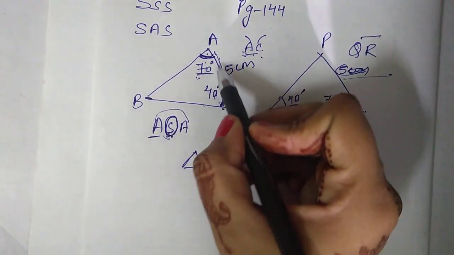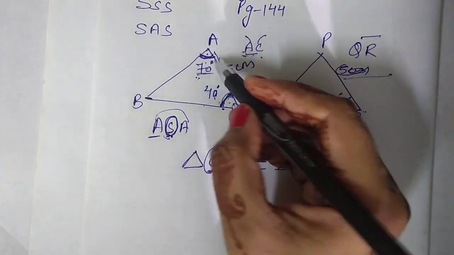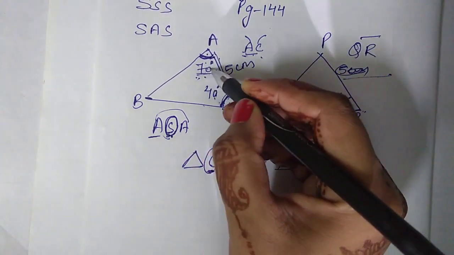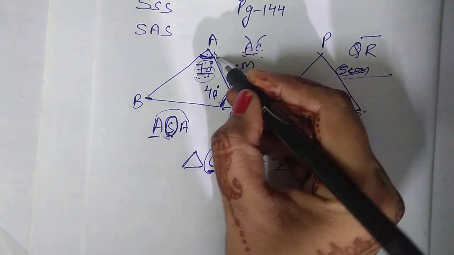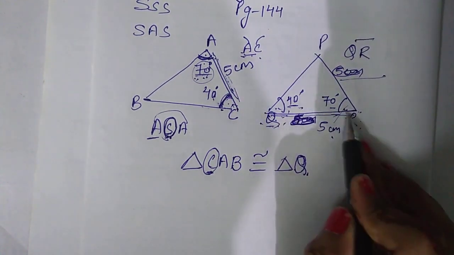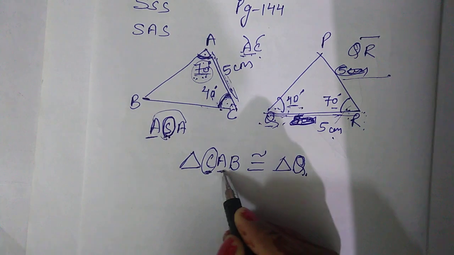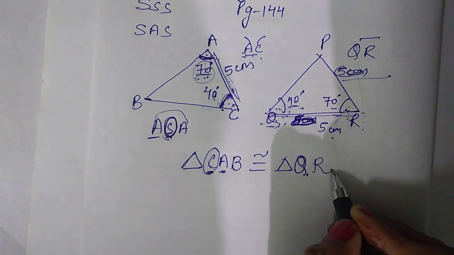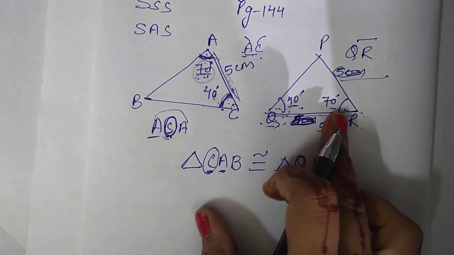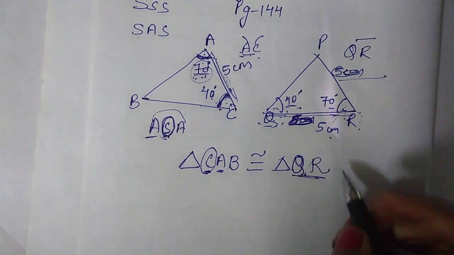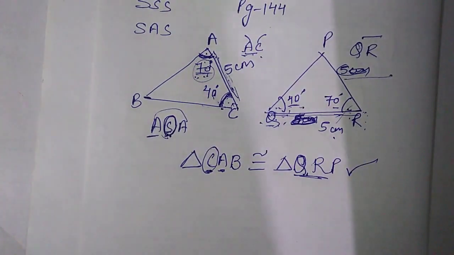Now the second angle is angle A, at 70 degrees, and 70 degrees is at R here. So in place of A we must have R, because A is equal to R. Now which vertex is left? P. This is the symbolic form. Okay, I hope it is clear.